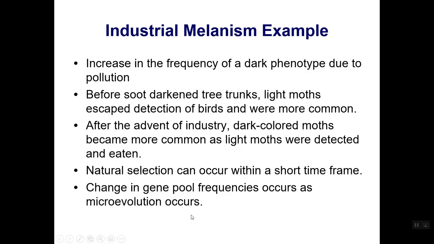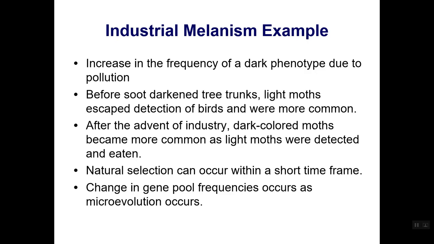So during this time, trees tended to be a lot lighter in color. And so the light-colored moths would escape detection from their predators like birds, and therefore they were more common in the population. But after the advent of industry, dark-colored moths became more common because the trees started to get darker because soot would be settling onto the bark of trees.